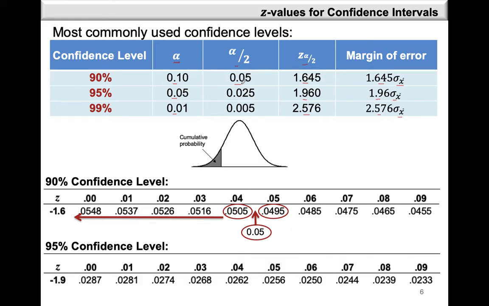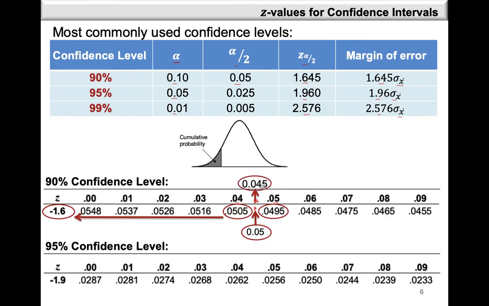So that means our Z value will be minus 1.645 because 0.05 is right in the middle of these two probabilities here. So that means the second decimal place will also be right in the middle of 0.04 and 0.05. So that gives you 0.045.